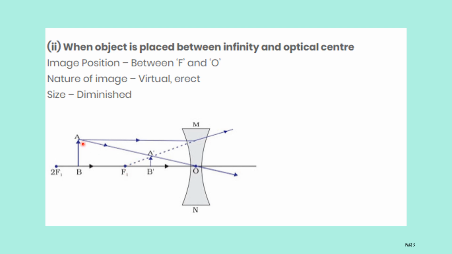Another ray, passing through the optic center, will go in the same direction only. These two rays will meet at the point A dash B dash. This is the position of the image. Therefore, the position of the image is between F and O. Nature of the image is virtual and erect. Size of the image is diminished compared to the size of the object.